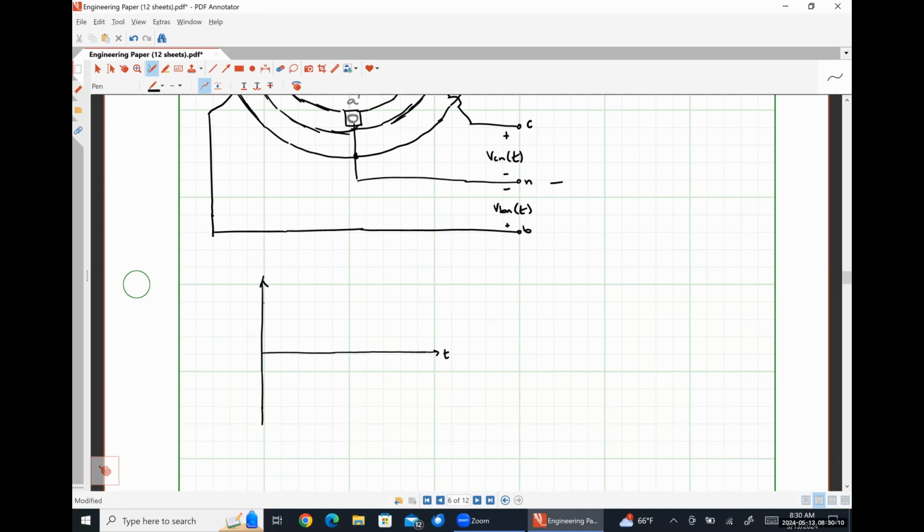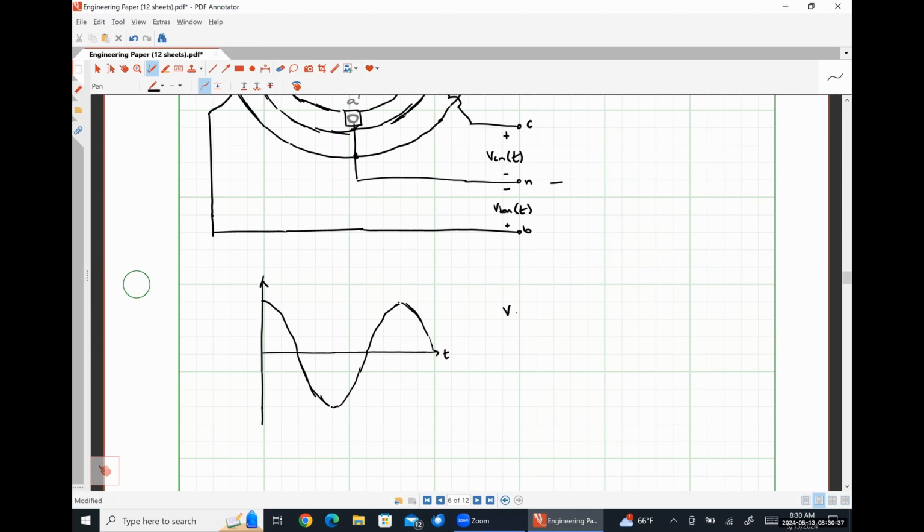Okay. So we should see something like this. So since the magnetic flux that's passing through the coil is changing sinusoidally, because we're simply spinning it, the induced voltage should also be sinusoidal.